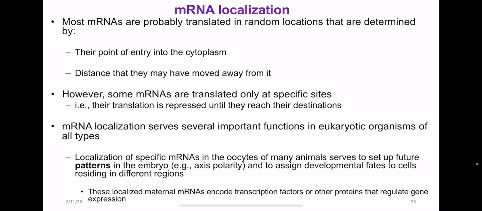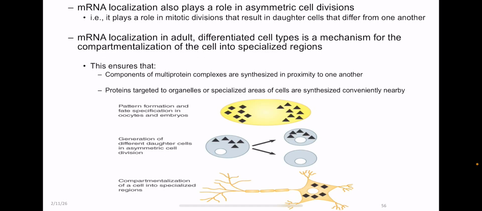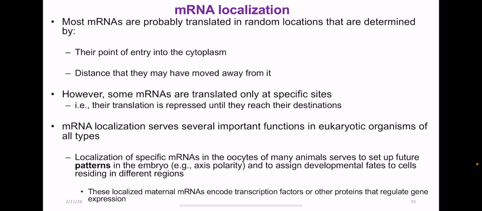There are some hypotheses that they made, or I should call them propositions, but I'm not sure it's covered here, so I won't mention them. So the assumption is probably they are translated in random locations. These locations where they are translated will be determined by their point of entry into the cytoplasm.